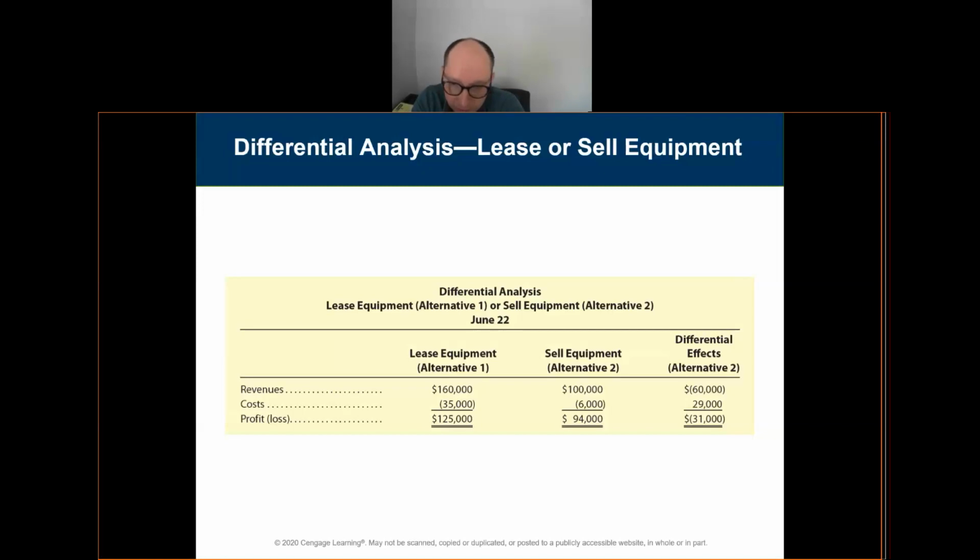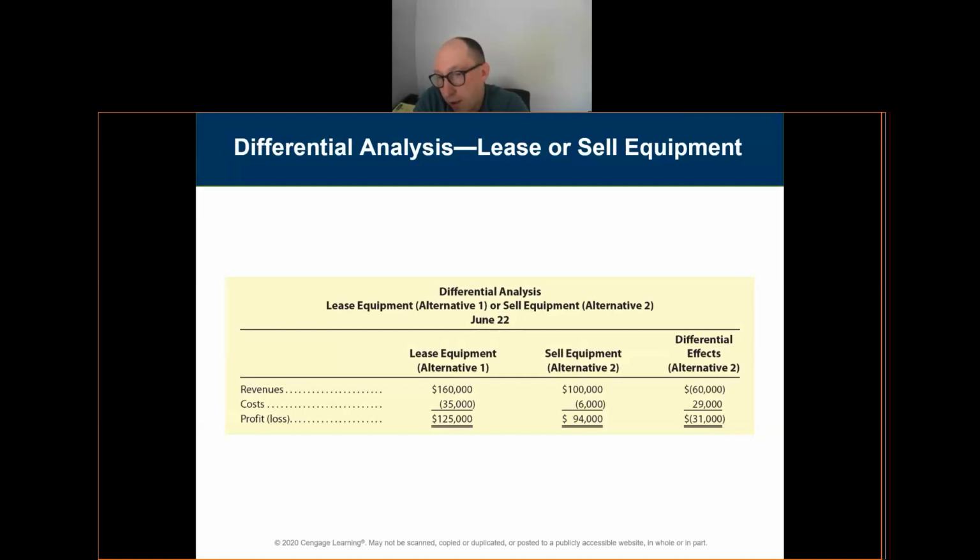Looking at the difference in revenue, my revenue would be $60,000 higher in alternative 1 than in alternative 2, which tells me so far alternative 1 is the better option. The difference in cost is $29,000. The cost is much higher in alternative 1 than in alternative 2.